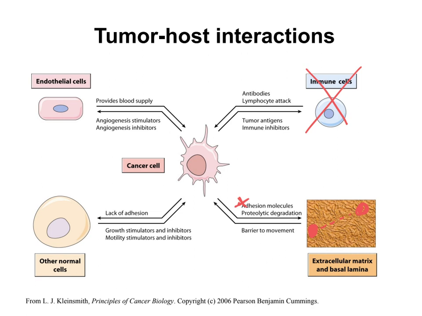And that requires proteolytic degradation, which was mediated by the plasmins and the MMPs that we talked about. Those are all proteases, so they have the ability to break down the extracellular matrix. If you remember, the extracellular matrix is made up of things like collagen, and collagen is a protein, so it's going to require a protease to break it up.